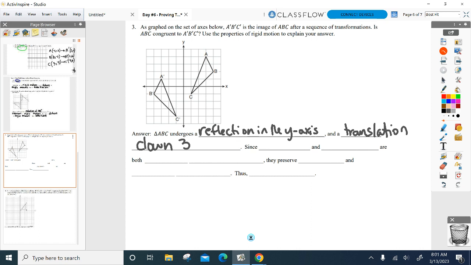Since, what are we putting here now? Keep to the script. Since reflections and translations are rigid motions, they preserve distance and angle measure.